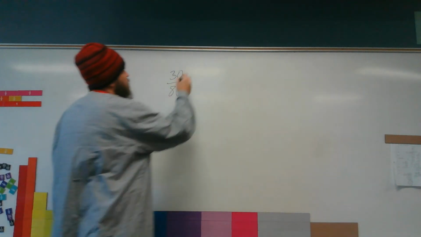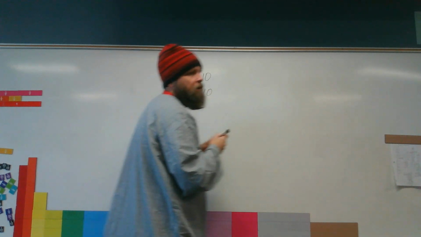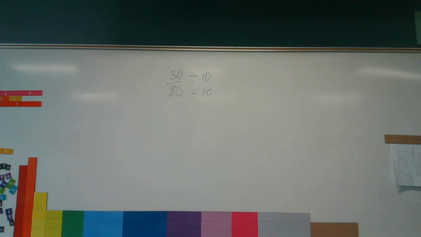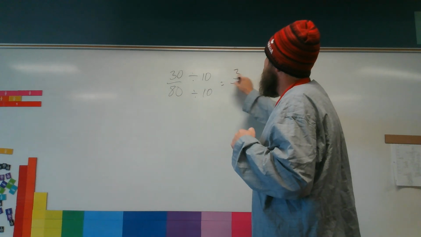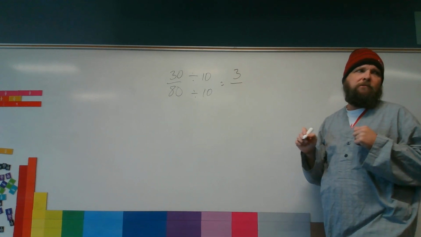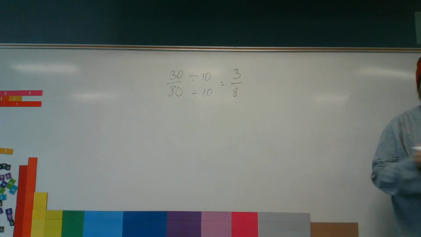Okay, 10 will go into both of them. So let's first try 10. Lillian, what is 30 divided by 10? 3. And Evelyn, what is 80 divided by 10? 8. Awesome. Now we can check.